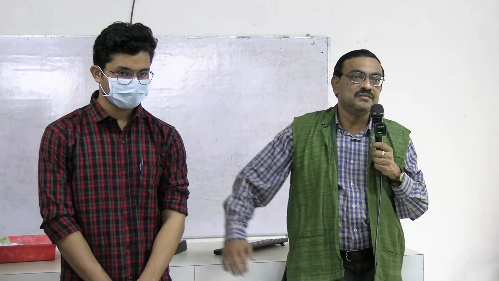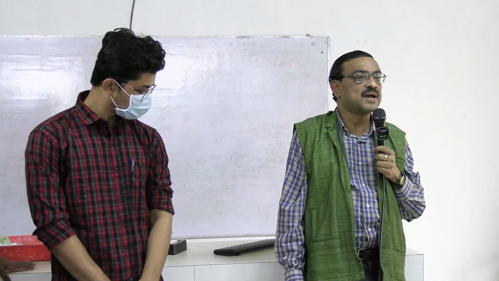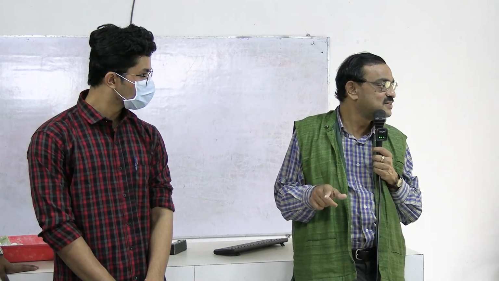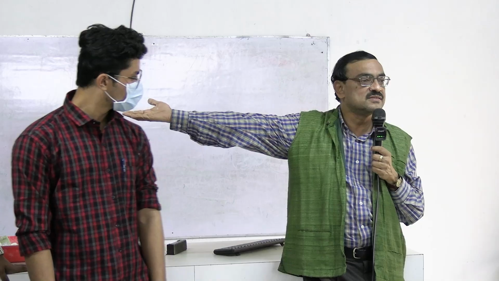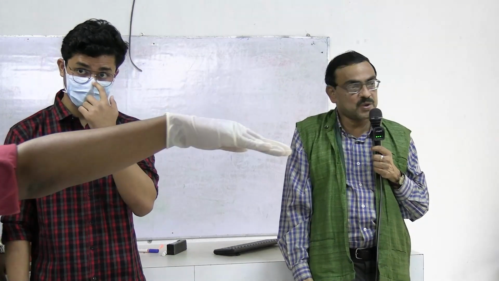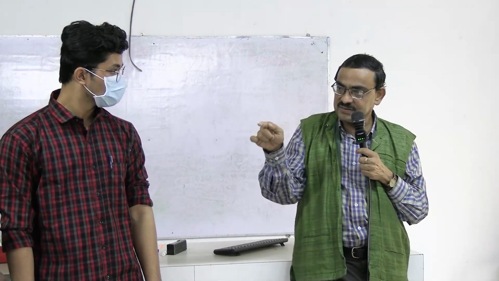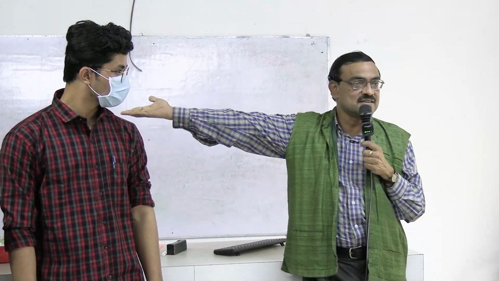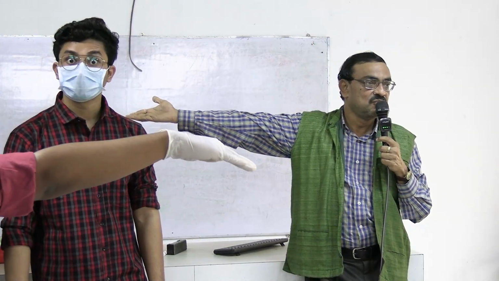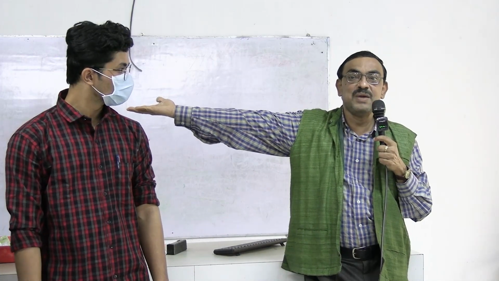Axillary artery, when the arm remains abducted, it is convex upwards. When it remains adducted, it remains convex. When it is abducted to 90 degrees, it becomes straight.